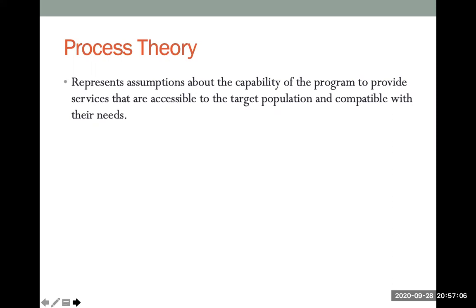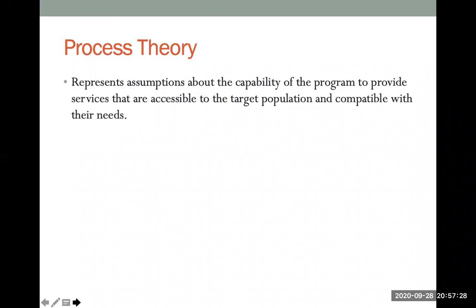And so what we're testing out in process theory is will the program itself have the full capability to make its service accessible to the target population, and will it actually meet the needs of the target population itself, right?